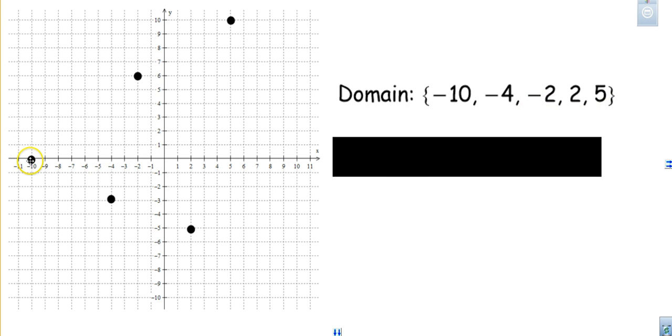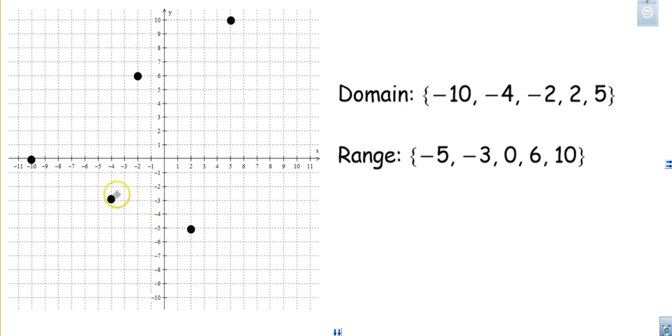Now for the range, again, I'm going to look at the y values, but because I want to go from smallest to largest, I'm going to start at the bottom here. So this is y equals -5. And then y equals -3, y equals 0, y equals 6, and y equals 10. So I have those values there as well, separated by commas.